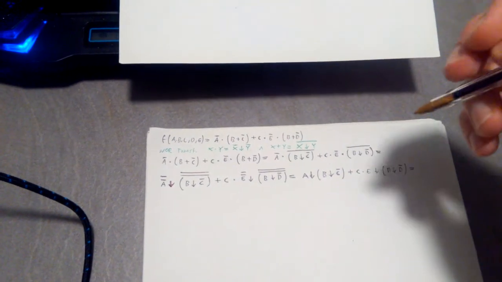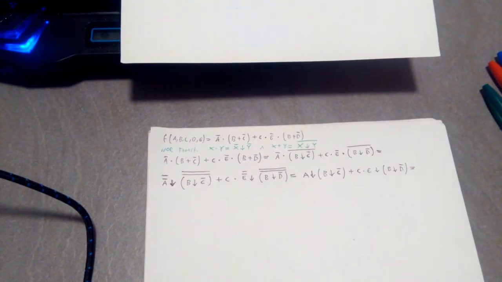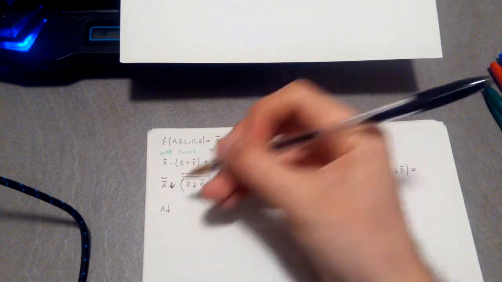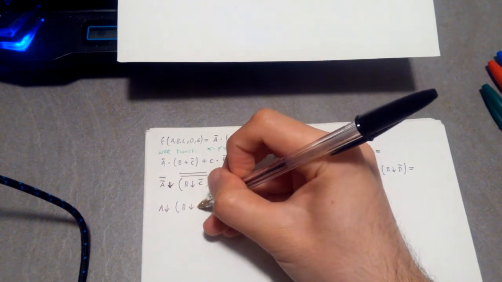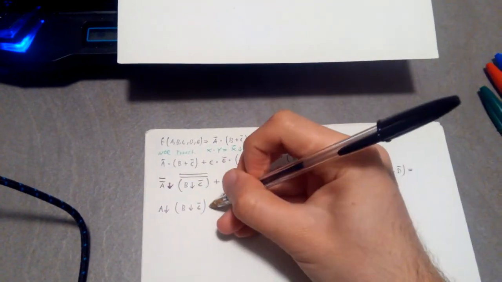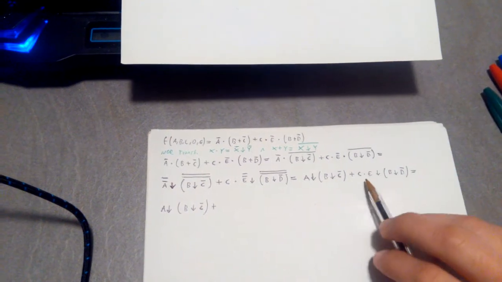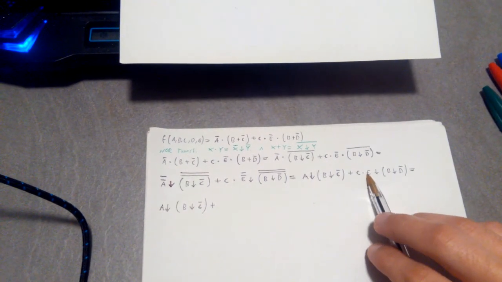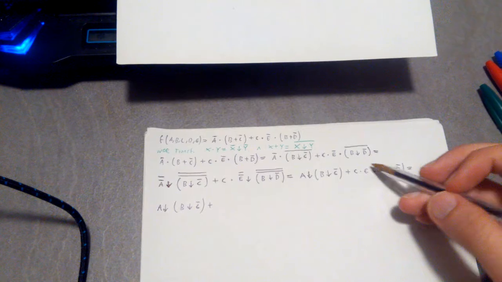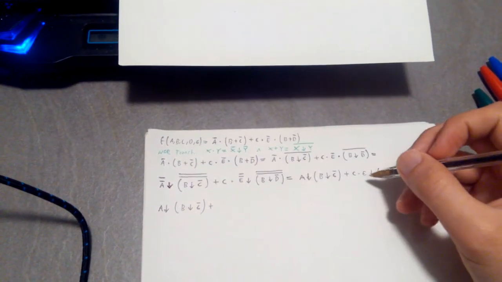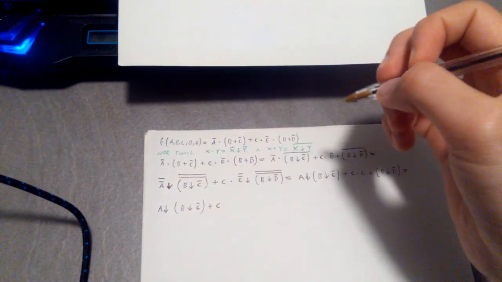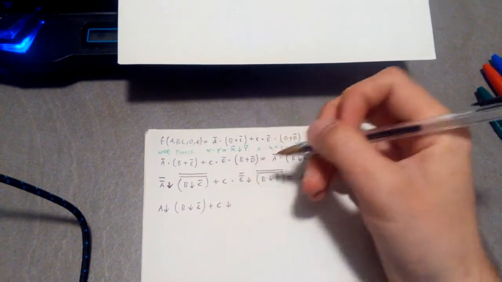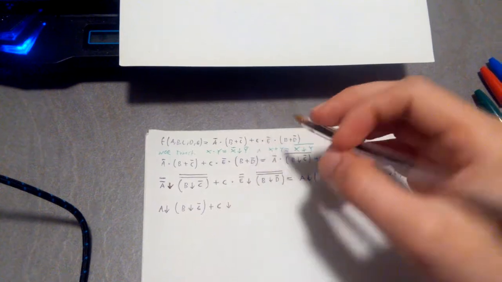So in this case, we're going to have a arrow down, b arrow down, c naught, plus we have c times e. We're going to put an arrow down and negate both of them individually.